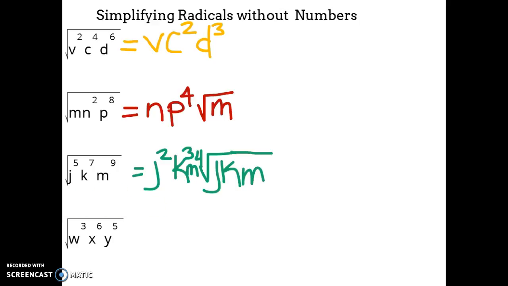So our answer is, let me clean this up a little bit. J squared, k cubed, m to the 4th is all being multiplied by the square root of j, k, m.